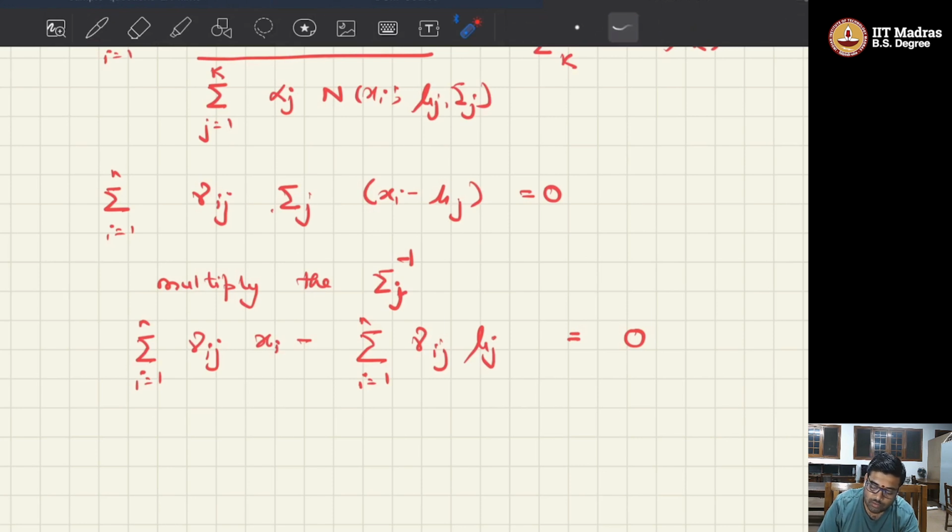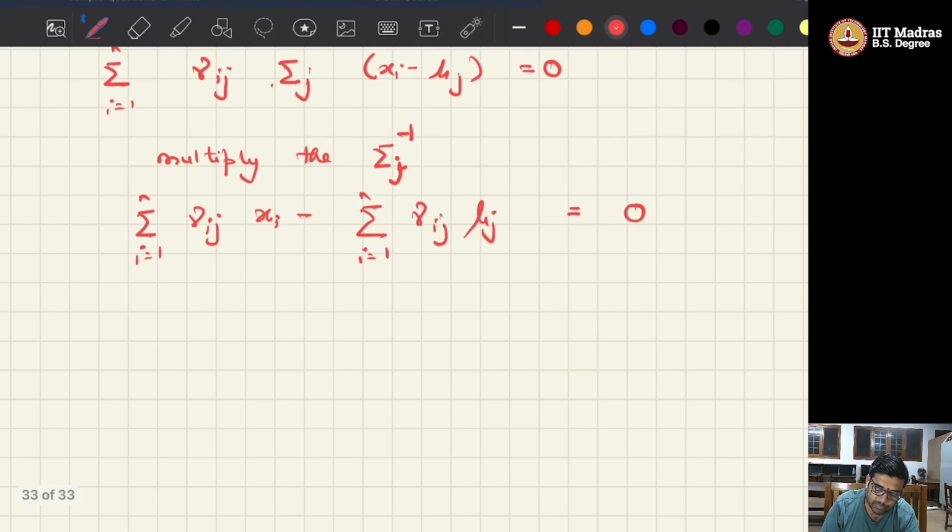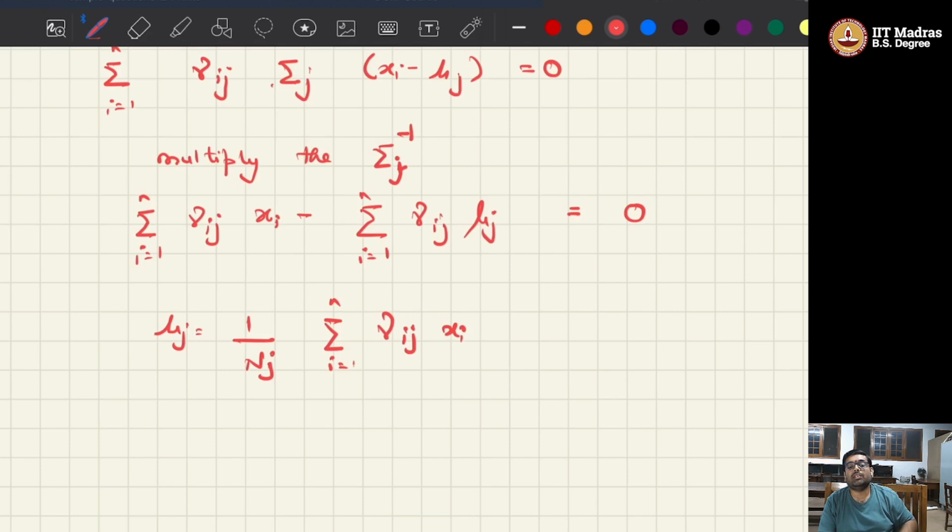Now this is independent of i, so now you can take it as nj, but this is not independent of i. i is there here. So now this will be mu j equals 1 over nj, summation i equal to 1 to n, gamma ij xi. Now this will be the value of mu j.